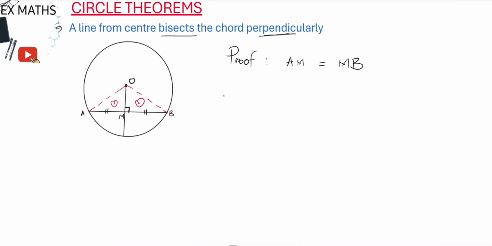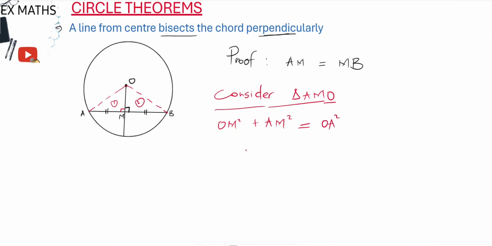Let us consider triangle 1 first. I'm going to call it triangle AMO. By applying Pythagoras theorem, our perpendicular sides are OM and AM. So we can say OM squared plus AM squared is equal to the hypotenuse of this triangle, which is OA squared, also like that.